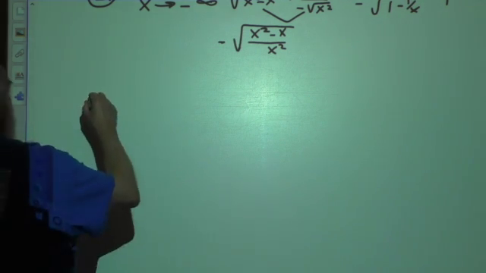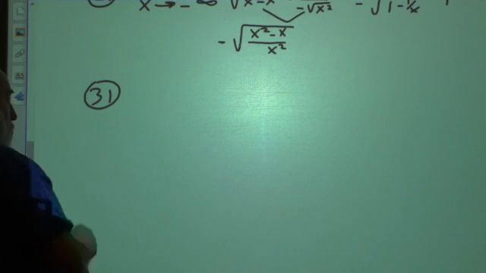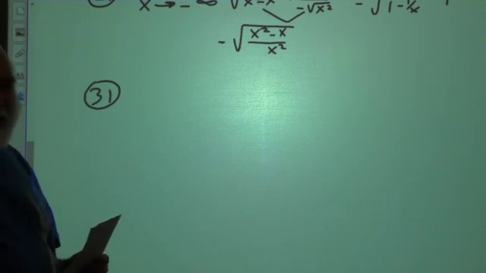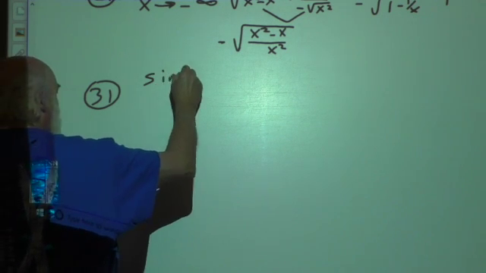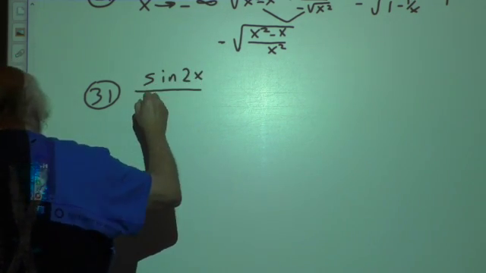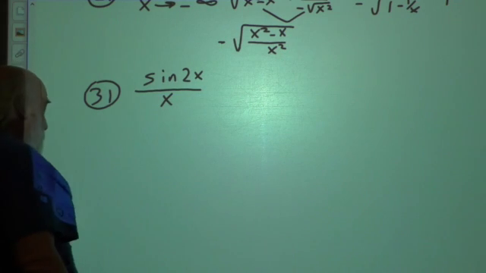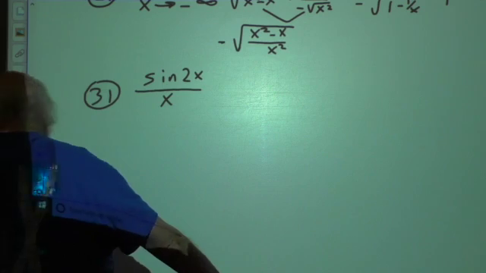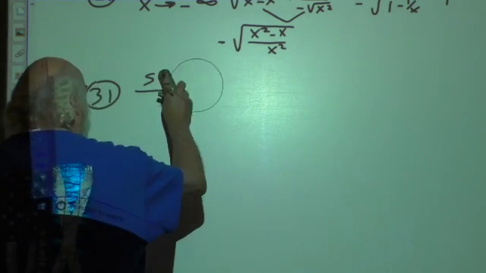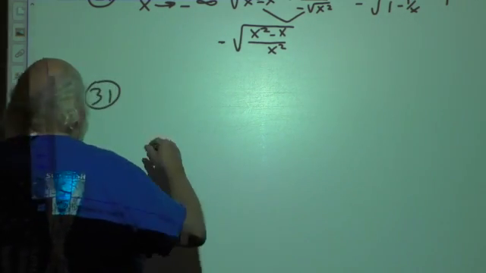Number 31. Throw a little trig in here on you, just because we love to. So this is the sine of 2x over x. Probably should have written this down, sorry. Got a little ahead of myself here, we're going to write the problem down.